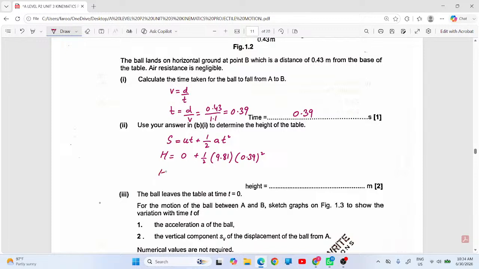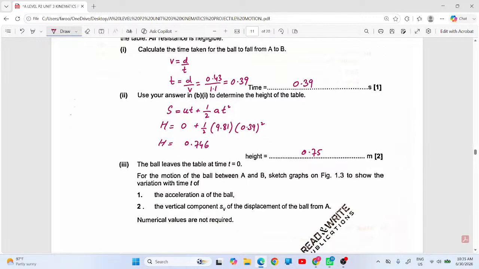So the height is equal to 0.746, which is approximately 0.75.